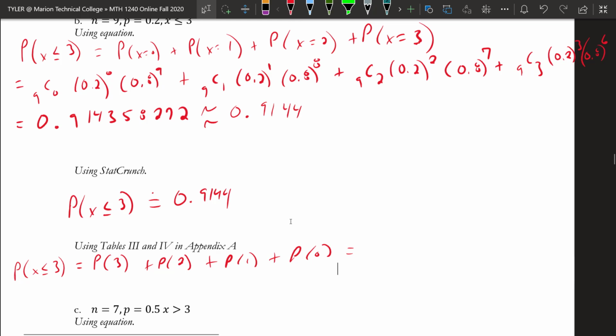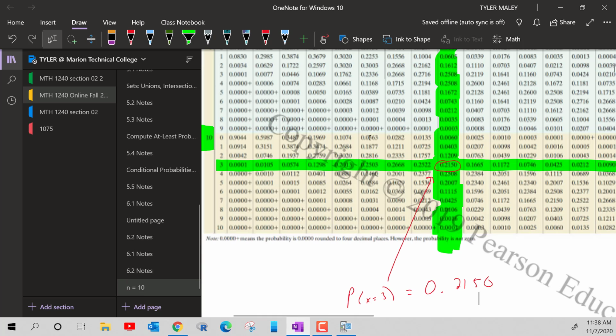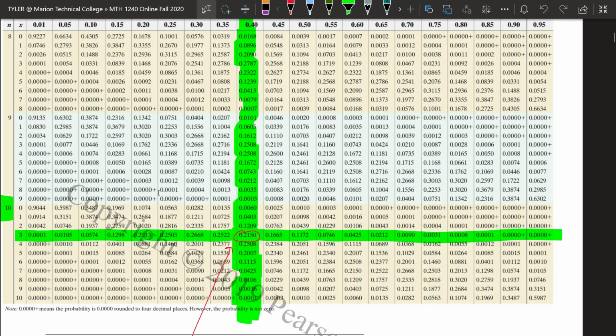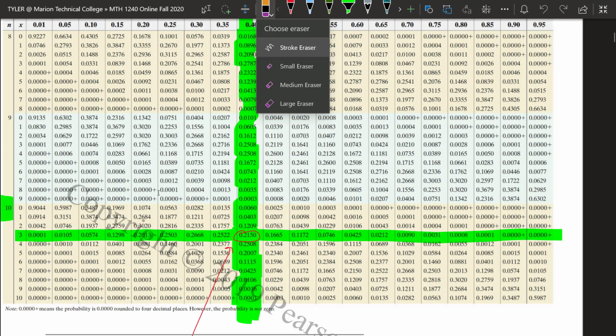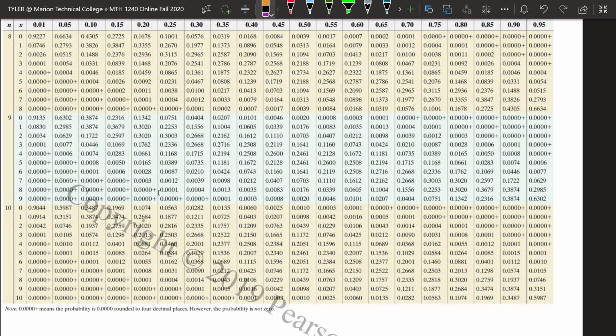So if you're doing this using the table that we were using a little bit ago, so that was this table. Now we would be looking at n equals 9, and we're looking at p equals 0.2, so we'd be using this column.